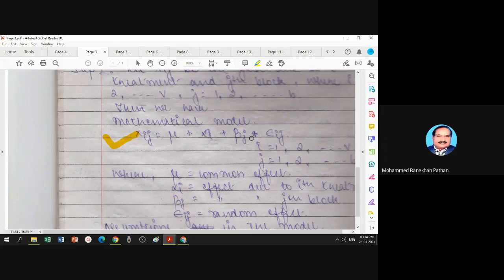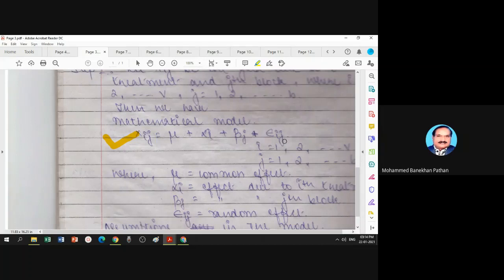In this mathematical model, X_ij is the yield per plot where the ith treatment is applied and the block under study is jth. So X_ij stands for yield due to the ijth cell in the design, in the layout. μ is a common effect. α_i is the effect of treatment. β_j is the effect of block.